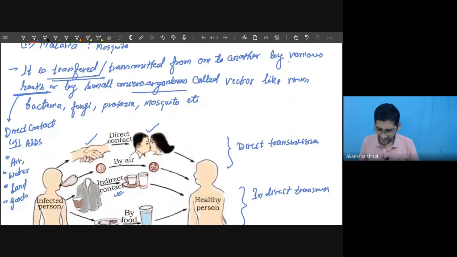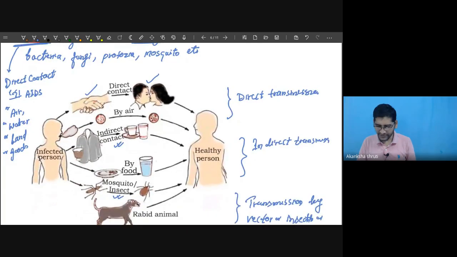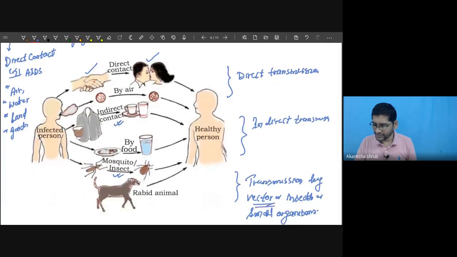The indirect contact is when the cloth or the used item of the patient is carrying the pathogens. Pathogens are the small microorganisms which are able to cause the disease. It could be that, or a used item of food, plate, etc. In another, the microorganism or vector directly causes the disease.